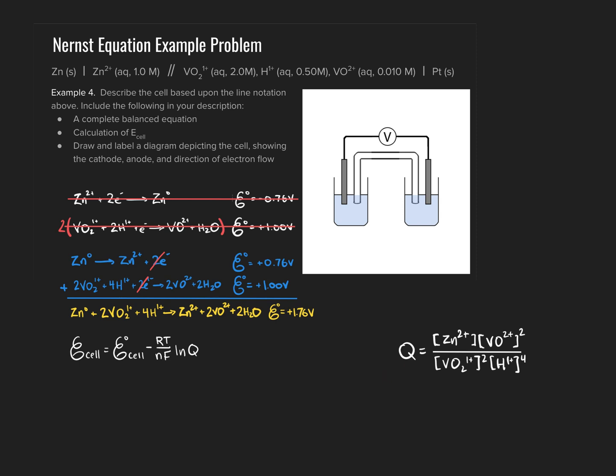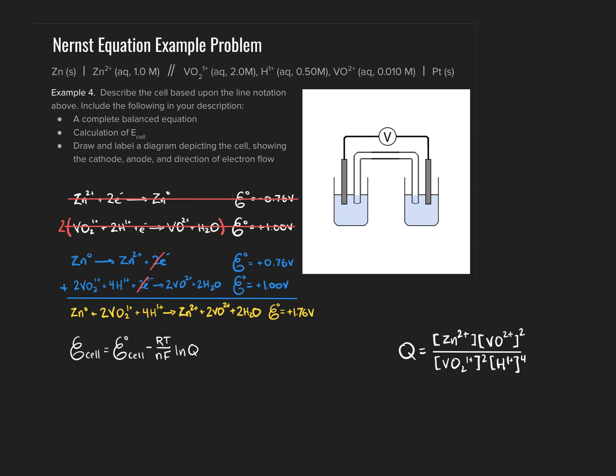So I'll go ahead and write out the value of Q here for our operating system. It would be the concentration of my product, Zn2+, times the concentration of VO2+, which is going to get squared from its balanced equation coefficient, all divided by, now on my reactant side, the species VO2 1+, that's also going to get squared, multiplied by the concentration of hydrogen ions to the 4th power.